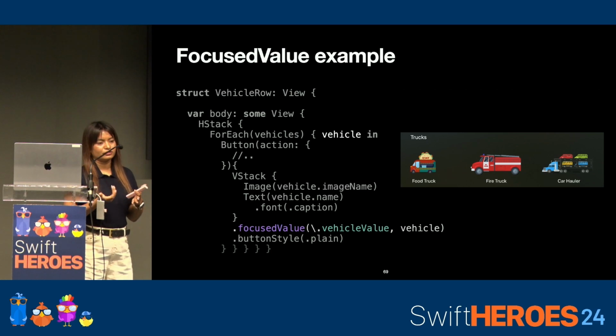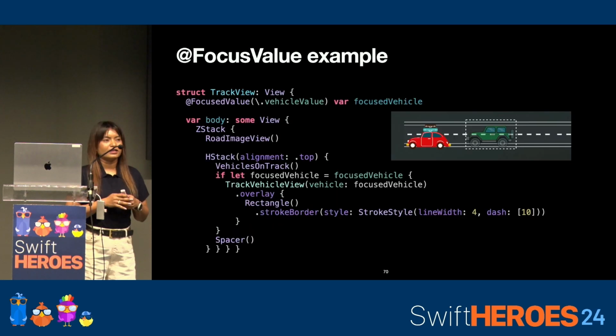So the value has to be of type vehicle. So that's the one that we pass. And yeah, that's basically how we have now defined and exposed the focused value. So now it's out into the environment. Whoever wants to access it can access it using that particular value. So that's how we're going to deal with it.